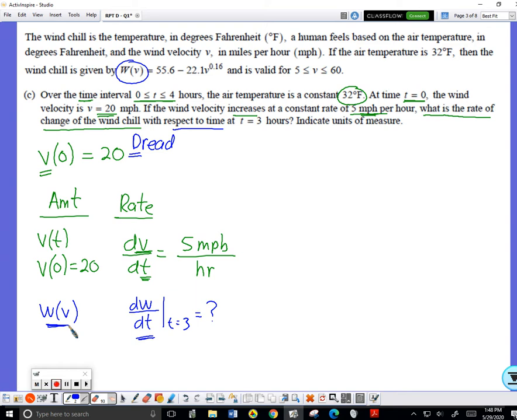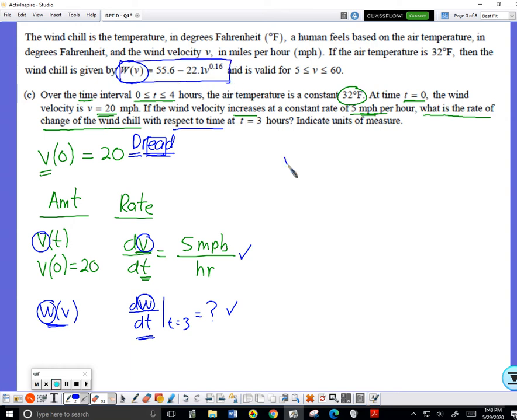So that's the D, Danica's chart. I read the problem. I've got all the rates written down that they talked about. That's these two. Need an equation involving the amounts. That's all set up for me as well, because one amount is velocity, the other amount is wind chill, W. The equation they gave me has both the wind chill and the velocity.